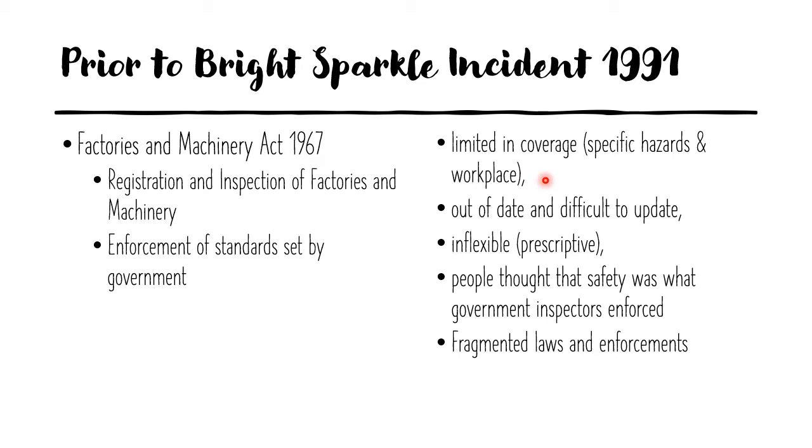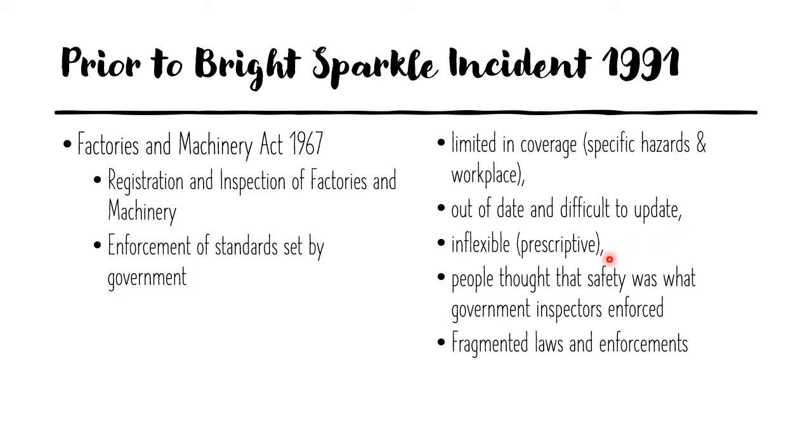Others are not covered. But as you can see in the statistics, we also have accidents in the agriculture industry. And it's also out of date. Some of the standards are old, difficult to update because there are too many standards to be covered.